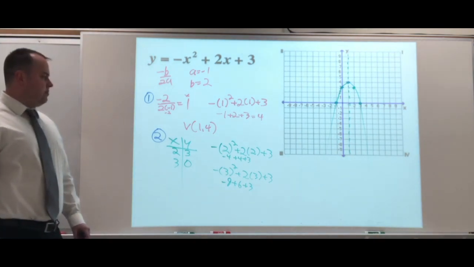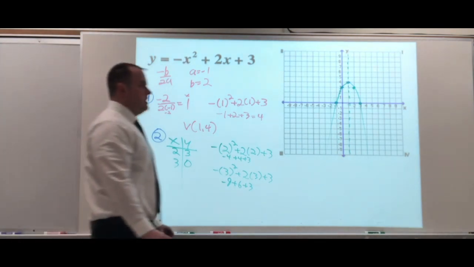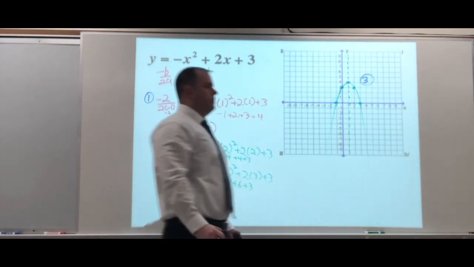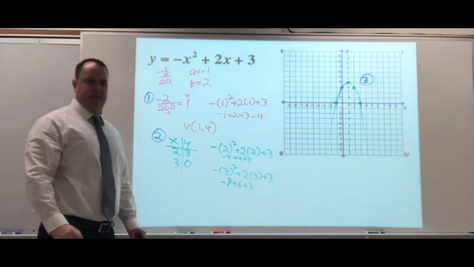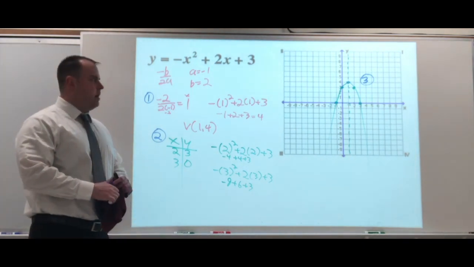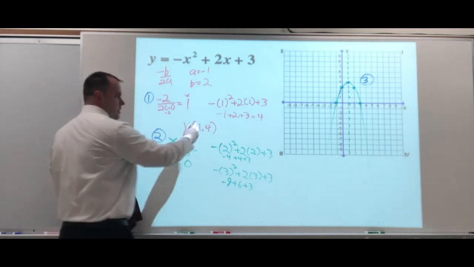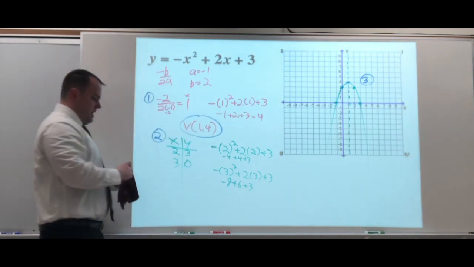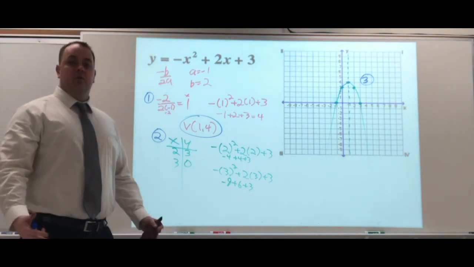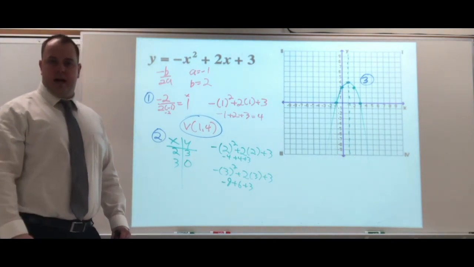Once we have those points plotted, then we can use the axis of symmetry to find 2 more points on the opposite side of that axis of symmetry. And then the last would just be drawing the line there. Always make sure you're labeling your vertex. And once we do the other 2 examples, we'll see how we use this to actually solve the quadratic equation.